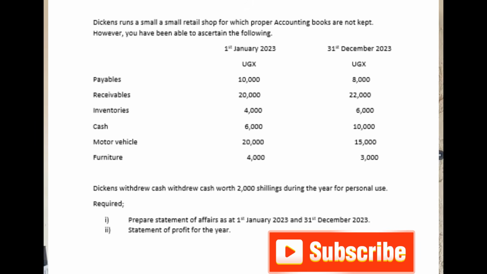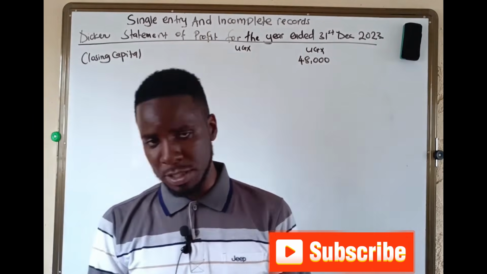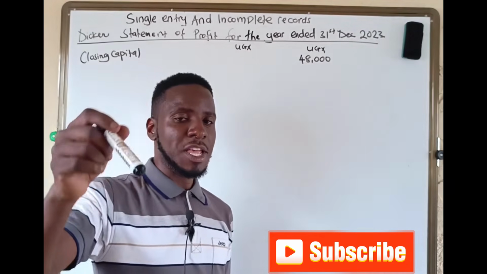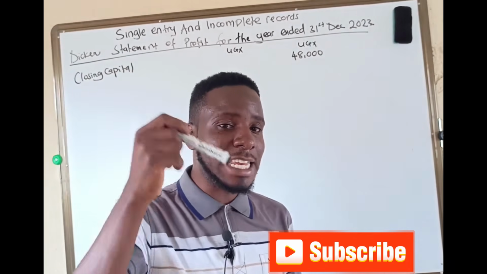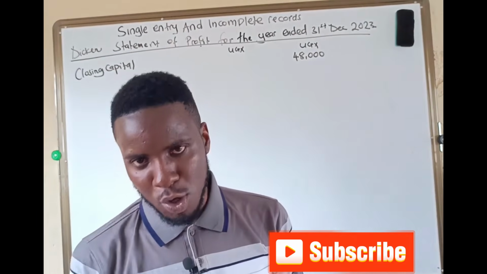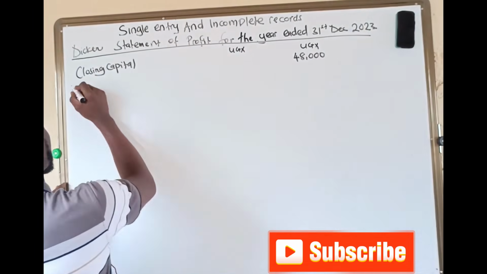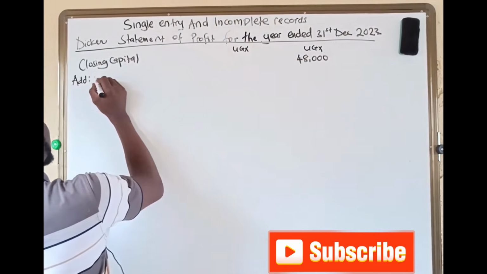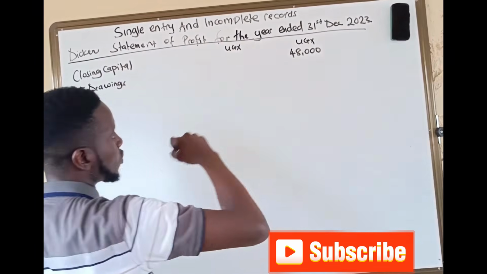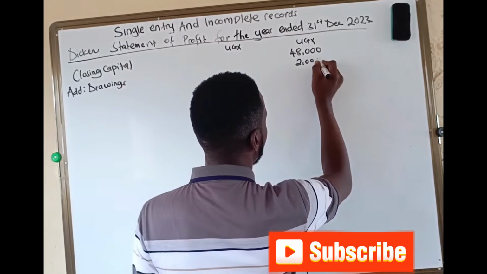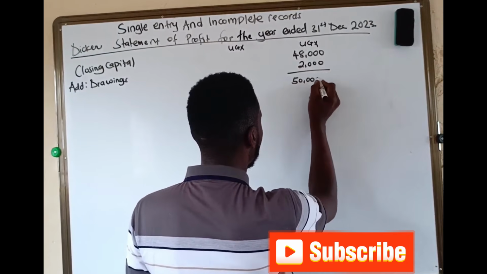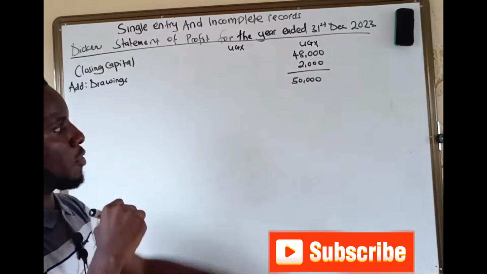Now, remember, I told you that when they are drawings, we shall add them back to the closing capital, because if those drawings were not taken away from the business, actually it would have been part of the profit. So we say we add back the drawings, and these drawings were worth 2,000, giving us a total of 50,000. So this is where we are now.